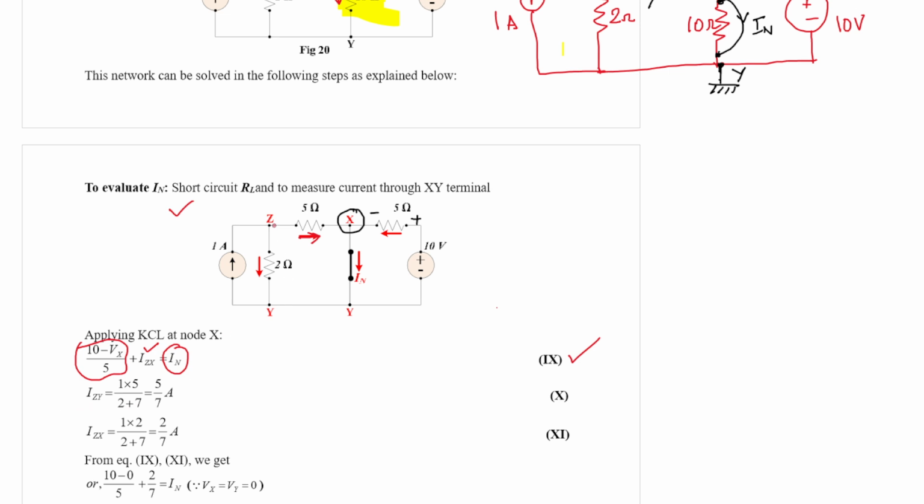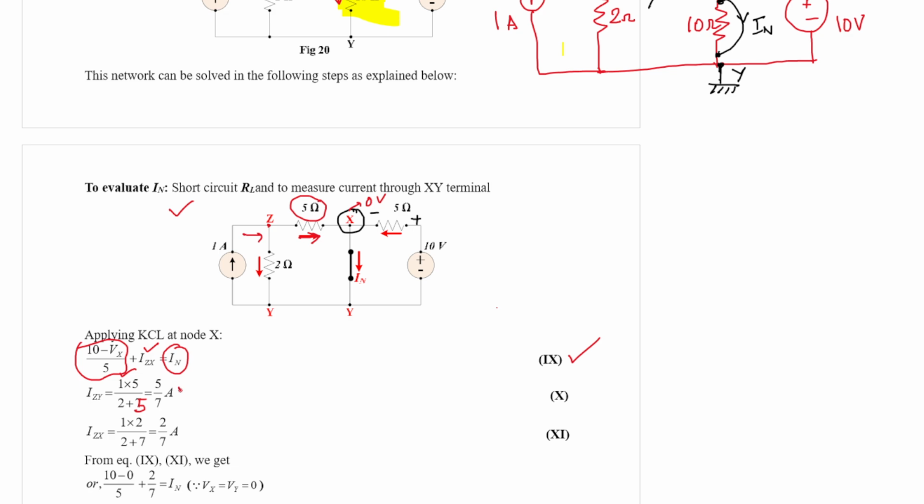Now what is IZY? There are two paths, as I have told you, and this node is 0 volt. So effectively the 1 ampere current after reaching node Z gets two paths, one along this, another along this. So IZY, by the current division rule, is the total current, which is 1, into the resistance of the other branch, which is 5 ohm, divided by the summation of 2 plus 5.